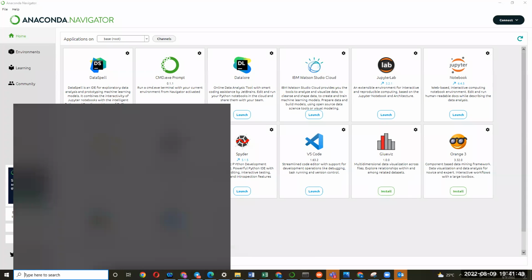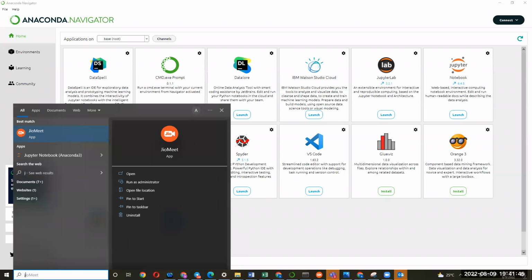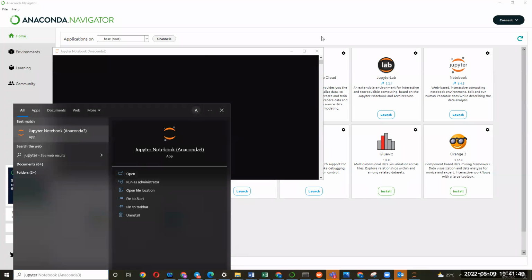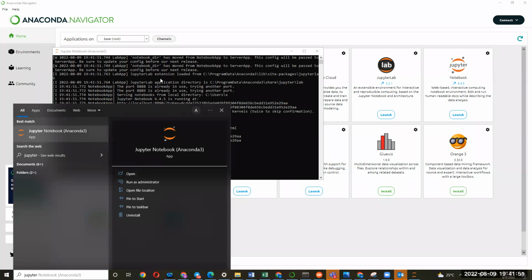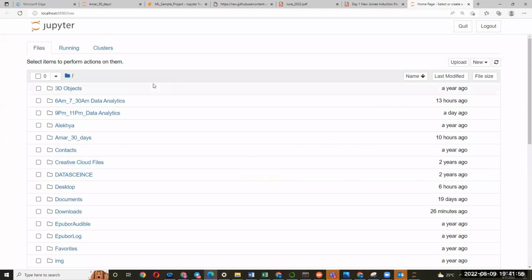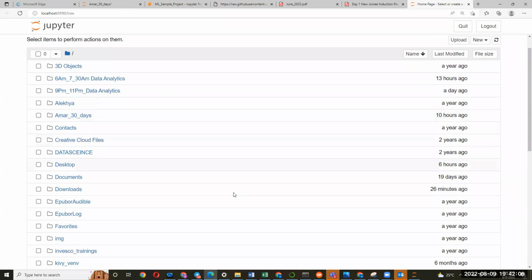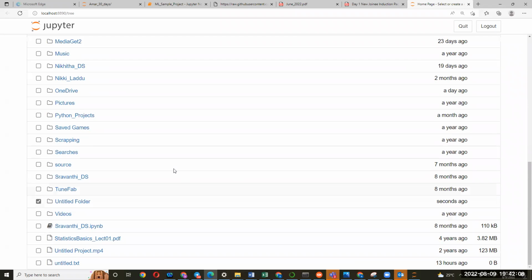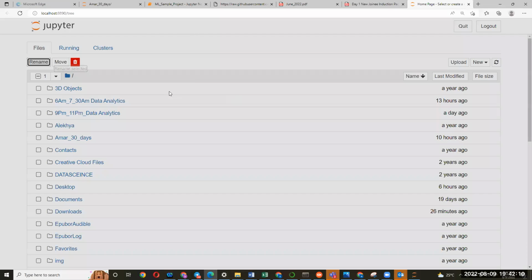I'm opening Jupyter. This is a Jupyter notebook, which will be used to do data analysis using Python. We can call different libraries and all those things. Here I'm going to create a new folder, renaming this particular one.